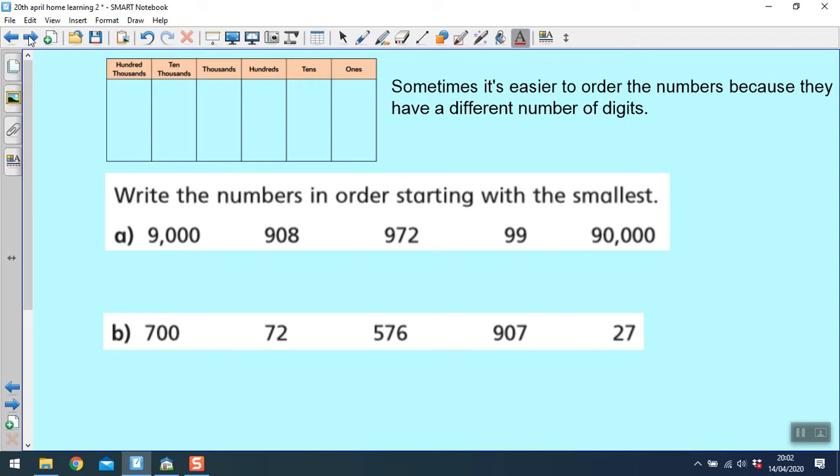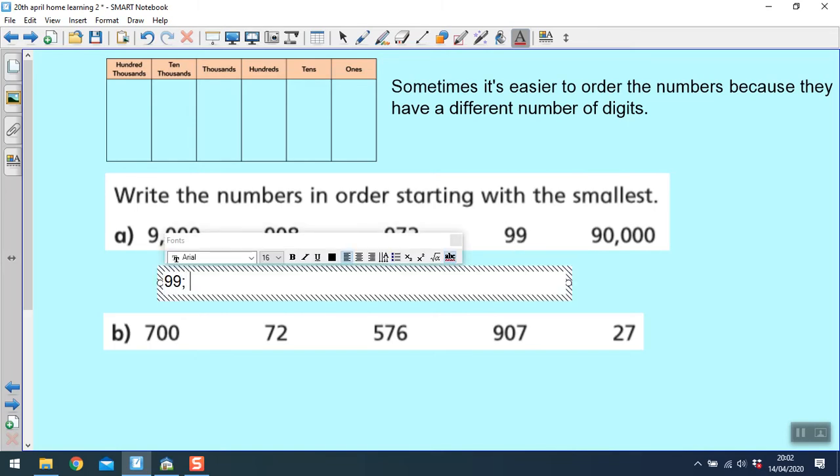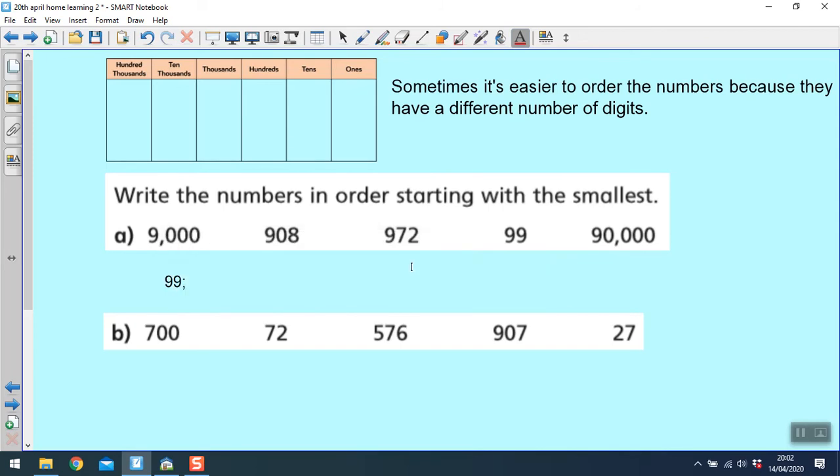So for example, here we've got 9,000, 908, 972, 99 and 90,000. Let's start with the smallest. So this is quite clearly the smallest. 99 is smaller. And I'm going to cross it out because I've used it.